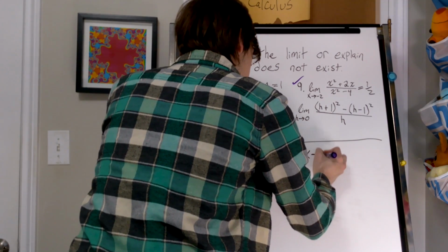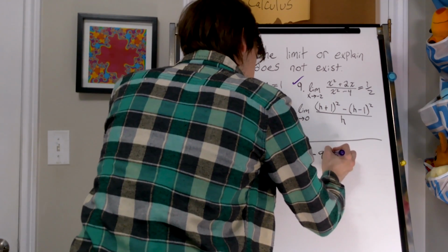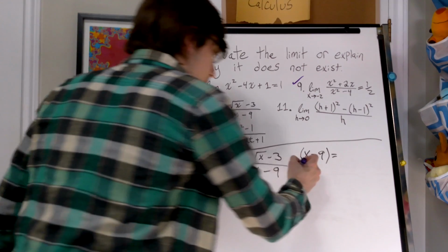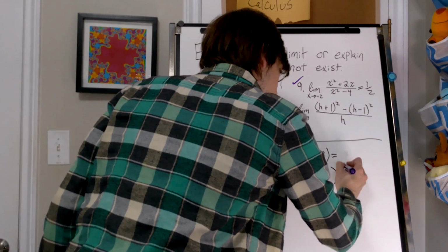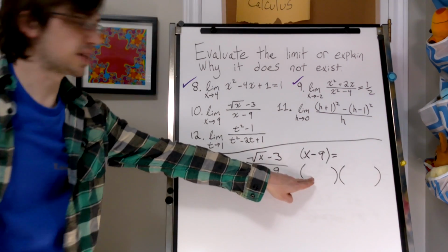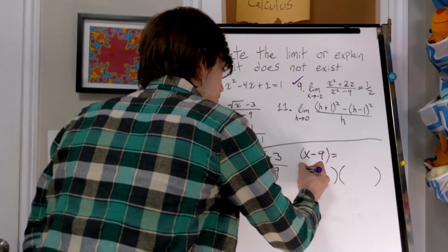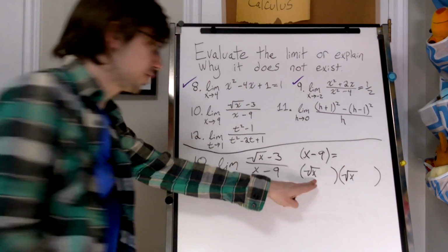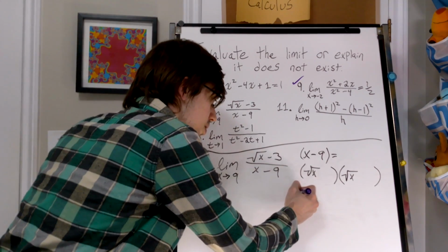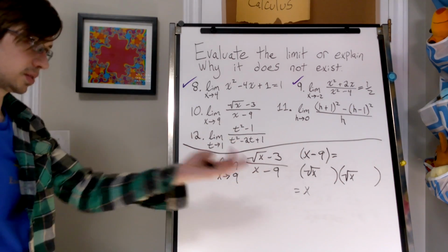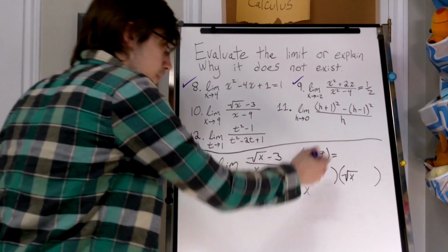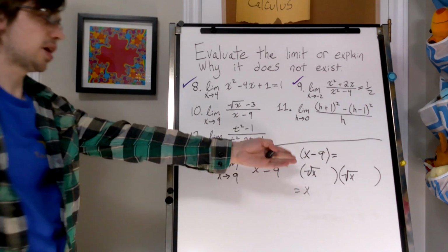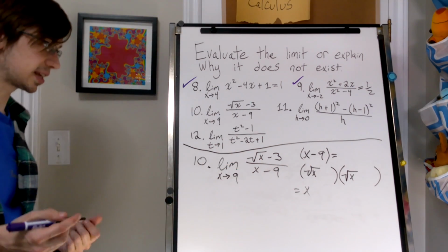But this function here then, if it's got the same properties, x minus 9 should therefore be able to be FOILed, such that our two values are the square root of x, such that the square root of x times the square root of x equals x. So we're halfway there. And then negative 9. What can we do that has negative 9?